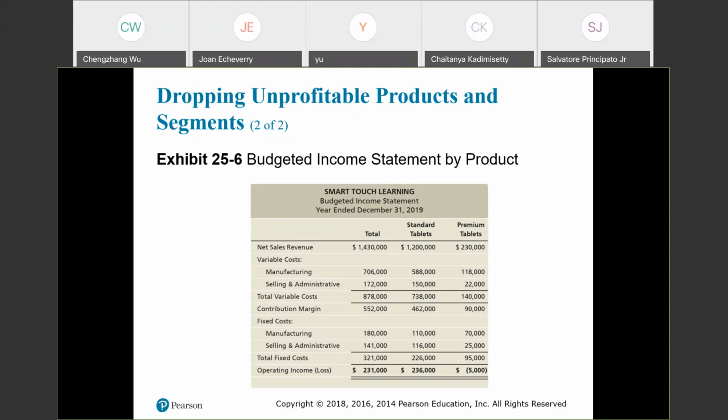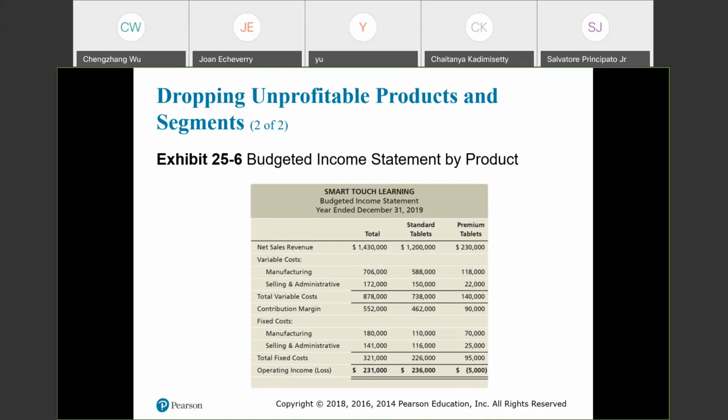So the first question is, does the product provide a positive contribution margin? Well, if the product has a negative contribution margin, then this product is not even covering its variable cost.